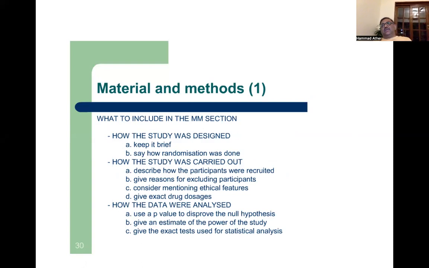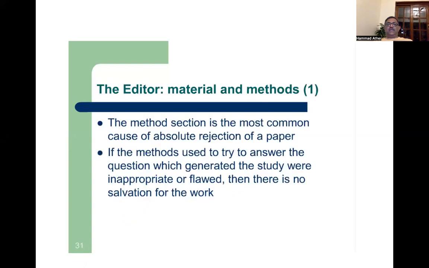I think these are some things that you probably have already discussed in previous presentations. While an editor is looking at your paper, the methodology section is one of the more important ones, and they look at it very clearly. One of the reasons for outright rejection of a paper is that the methodology is poorly written.